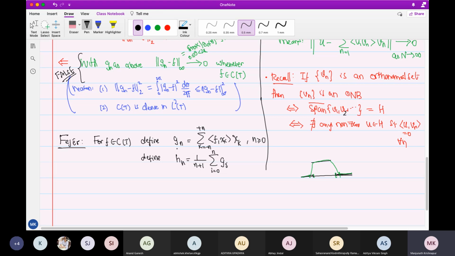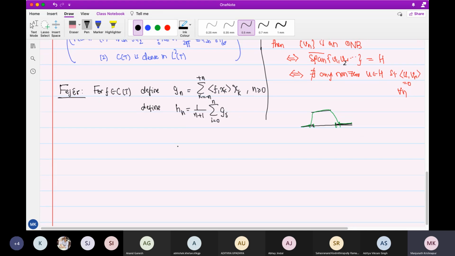You may have seen theorems in basic analysis that if a sequence of numbers xn converges to x, then the averages, x1 plus up to xn divided by n, also converge to x. So usually, if convergence was happening, averages also converge.